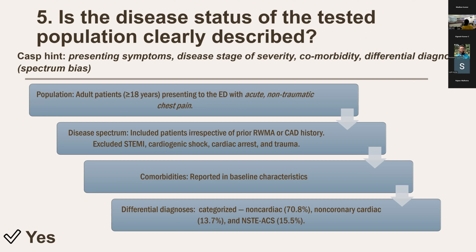Otherwise, all patients were included, even with previous history of coronary artery disease or documented regional wall motion abnormality. They have given the comorbidities in the baseline characteristics. The differential diagnosis they have not given as a table, but they have mentioned in the text that the non-cardiac was around 70%, non-coronary cardiac, like heart failure without it being an MI, was around 13%, and NSTEMIs were 15.5%.